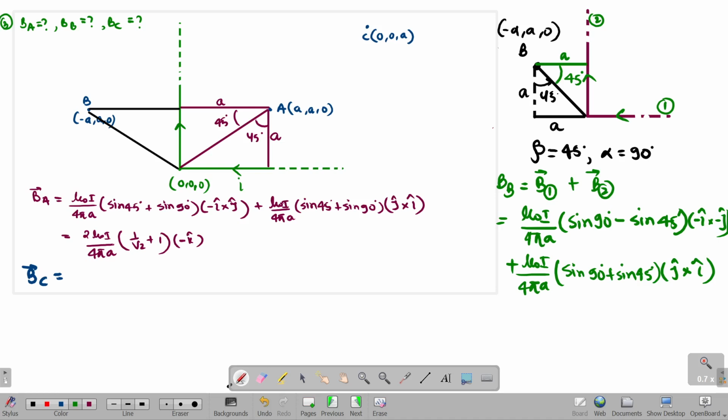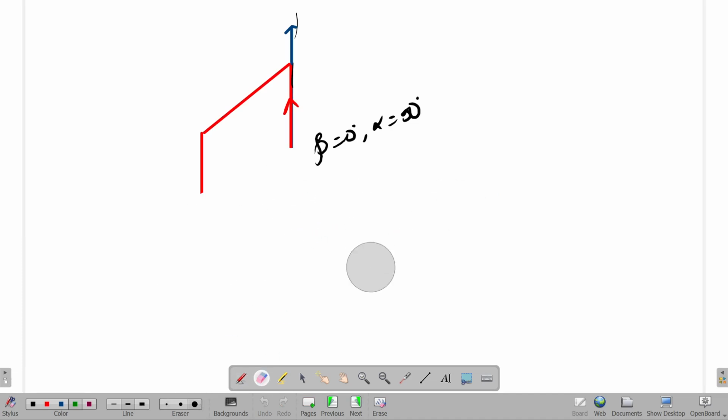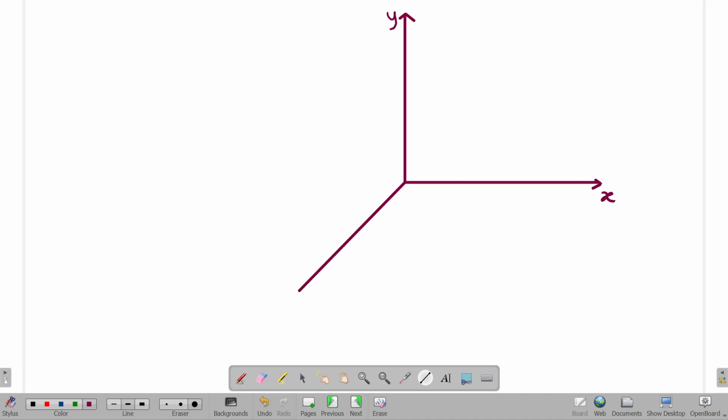Okay. The last point was to find the magnetic field at point C. Now for that, I'll discuss it once again. I want to find the magnetic field at point C. What should I do? Look over here. If this is X axis, this is Y axis, and this is Z axis, and the wires are lying along the X axis like this way.